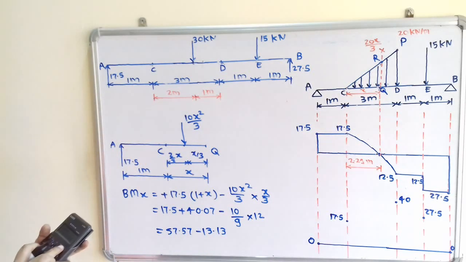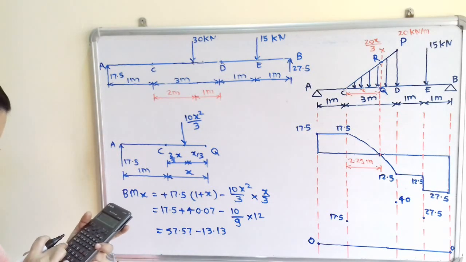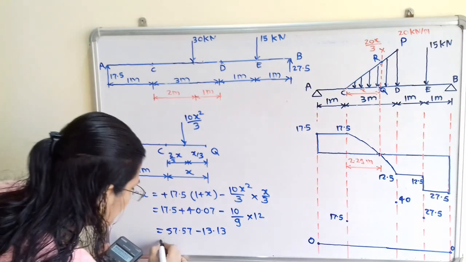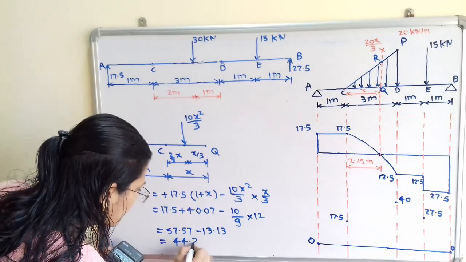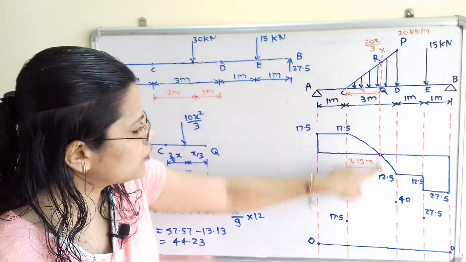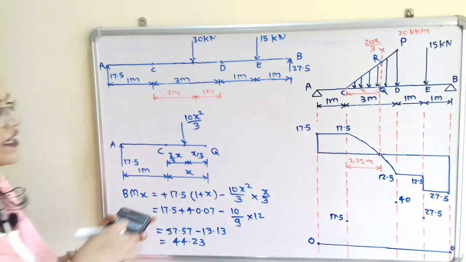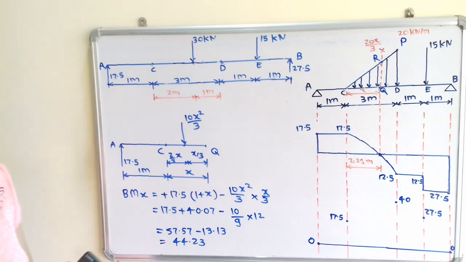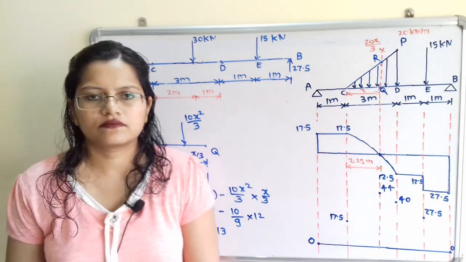So if we calculate this, 44.23. So this is the bending moment at point Q, where this is the maximum bending moment, because at this point shear force is 0. So we will plot this.